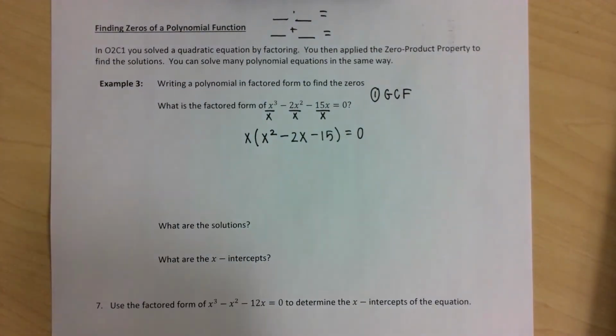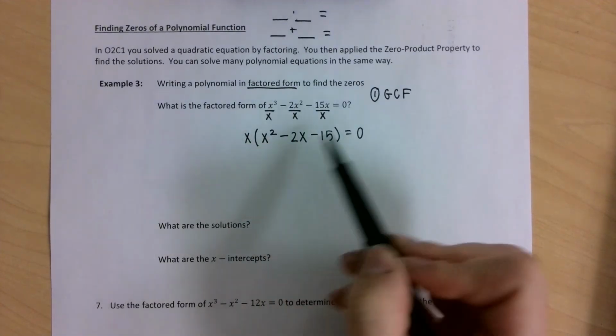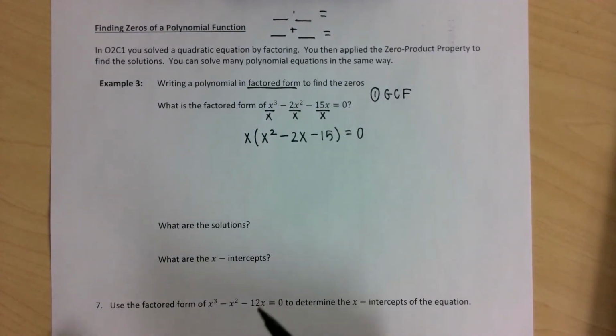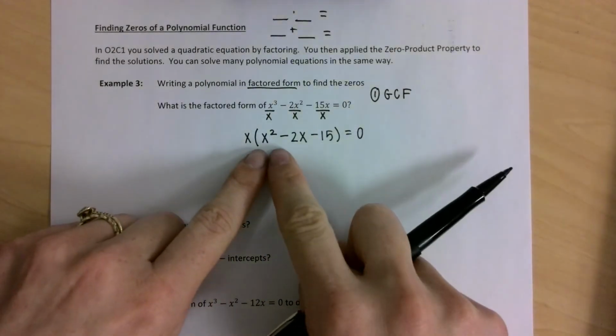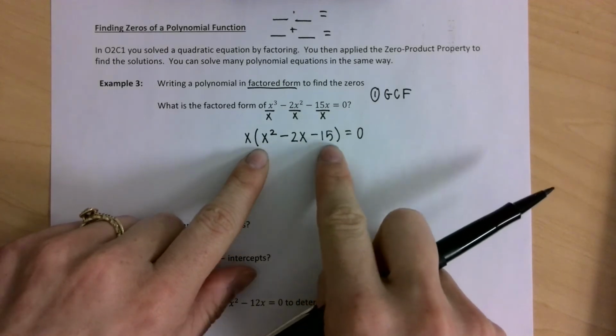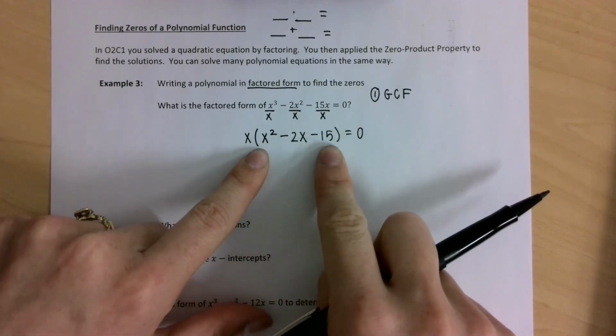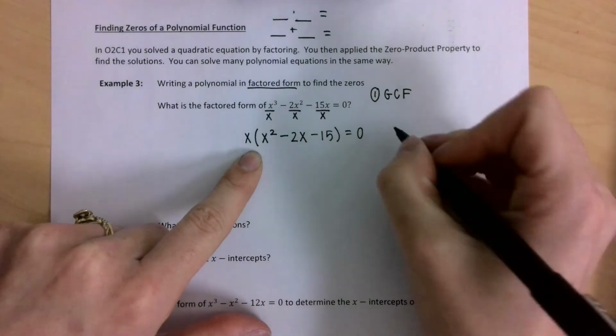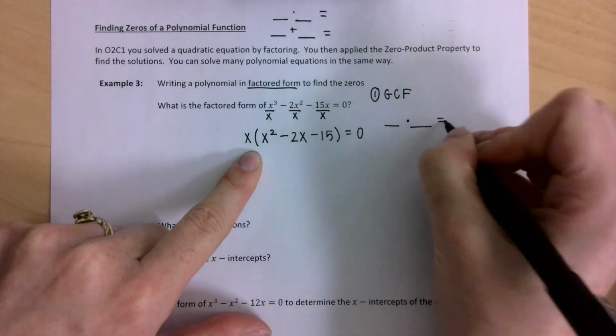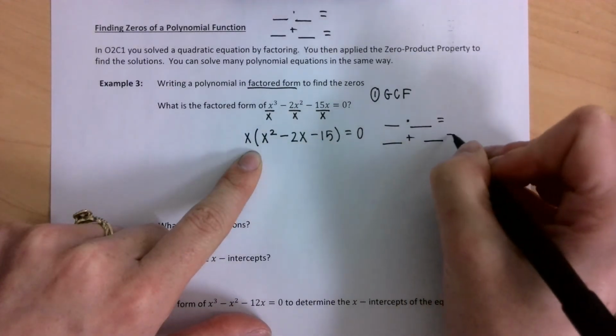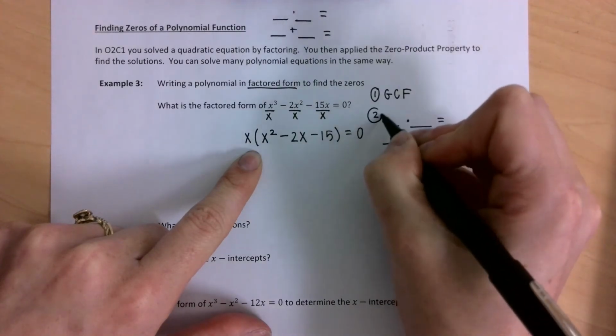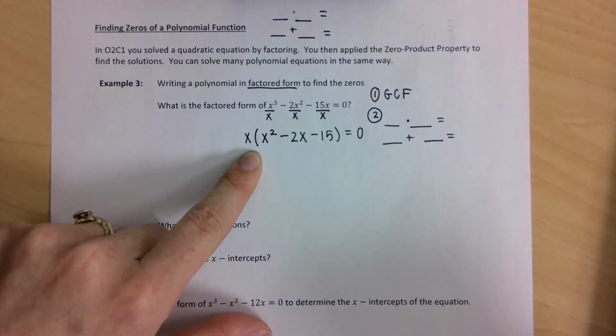Now I think I'm getting a little bit closer to factored form because I now have parentheses, but I do want to go one step further and actually factor what's inside of these parentheses here. So there are 3 terms, so I'm going to write out my blank times blank and blank plus blank. This factoring by grouping is my second step.